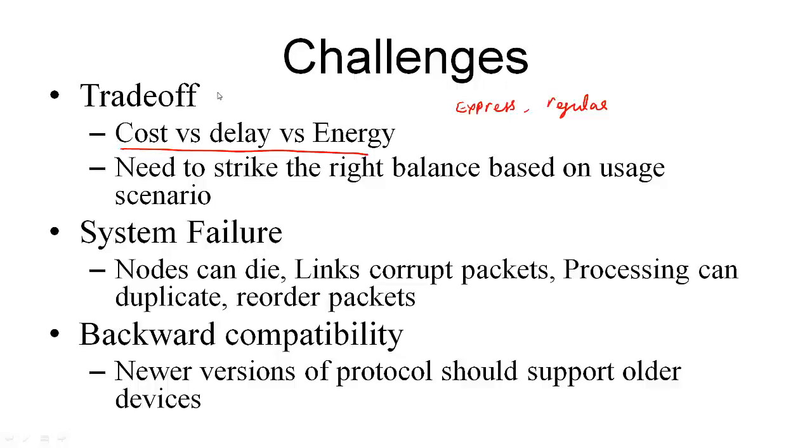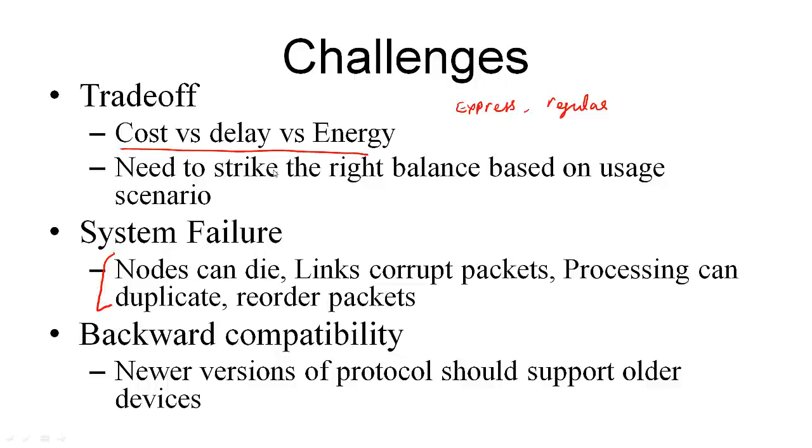So in computer networks, many things can fail. The nodes can die, the links can corrupt packets, and processing can duplicate or reorder packets. So when you're designing these protocols, you need to be able to achieve the desired functionality in spite of all these things.